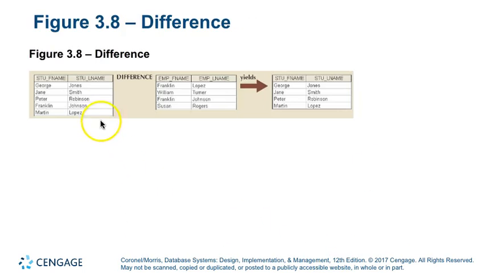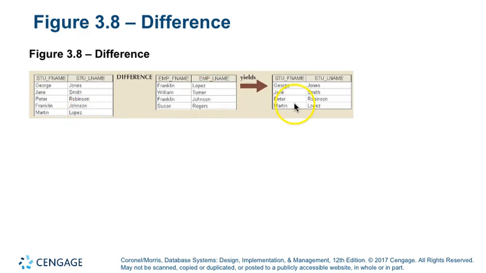Here's the difference between these two tables. The data that is in one and not the other. So George, not in here. Jane, not in here. Peter, not in here. Franklin is in here, so he's not included.